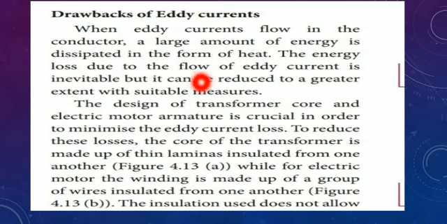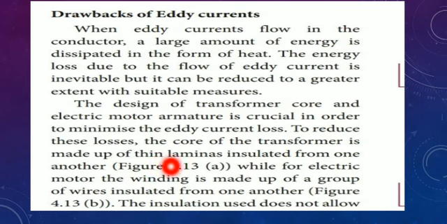This energy loss due to the flow of eddy current is inevitable, but it can be reduced to a greater extent with suitable measures. Therefore, the design of the transformer core and the electric motor armature is crucial in order to minimize the eddy current loss. To reduce these losses, the core of the transformer is made up of thin laminated insulator.